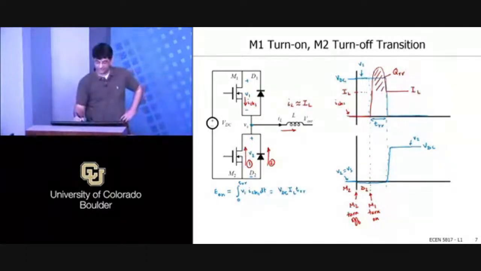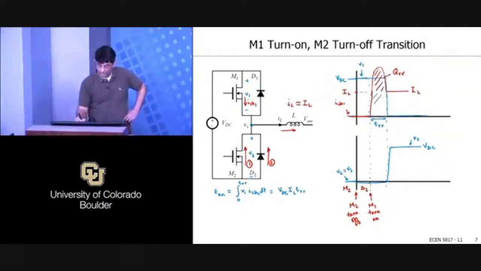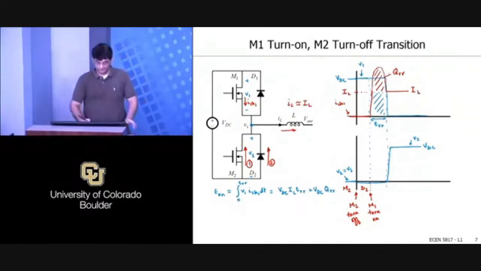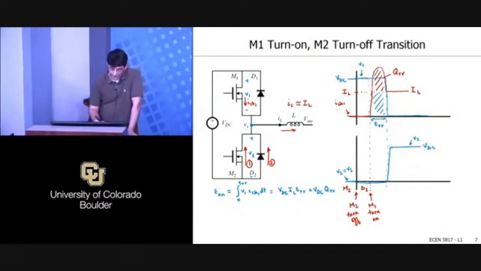That's essentially going to be this area here, basically this piece of the current multiplied by that voltage. And then the second part is going to be VDC times QRR. QRR is already the full area of that current. And so you can then calculate what your power loss is.